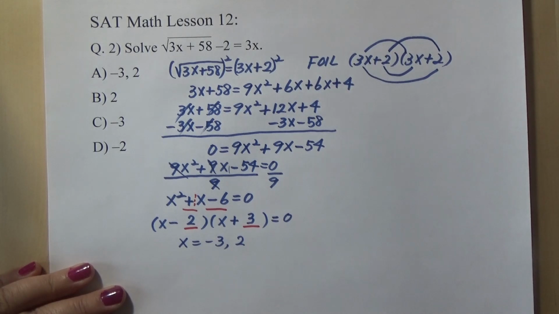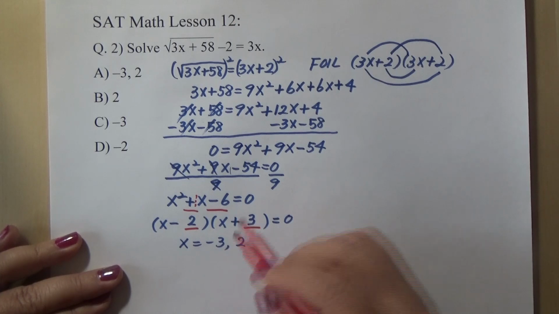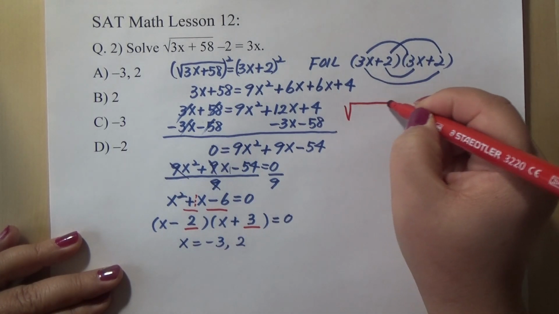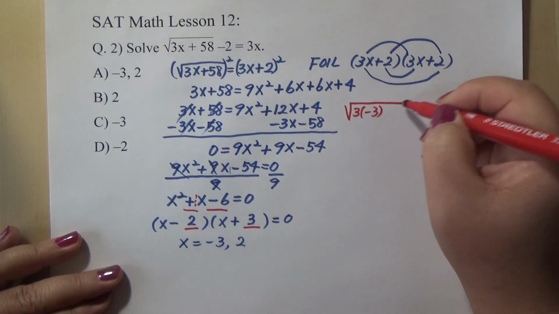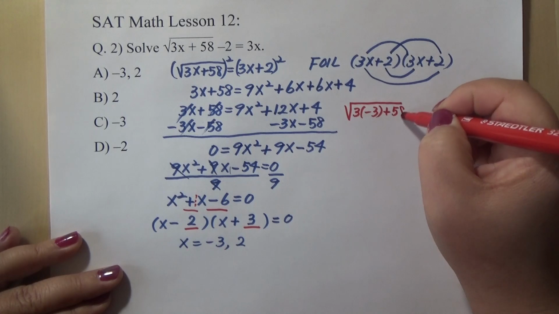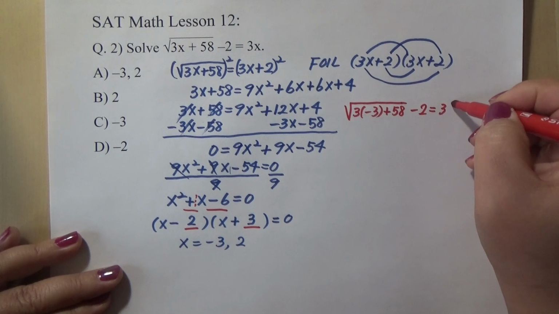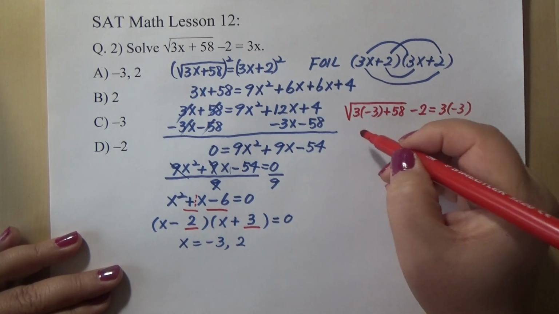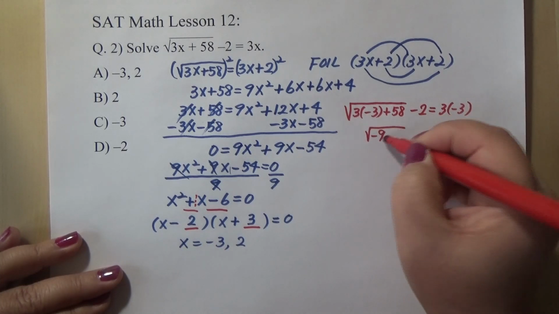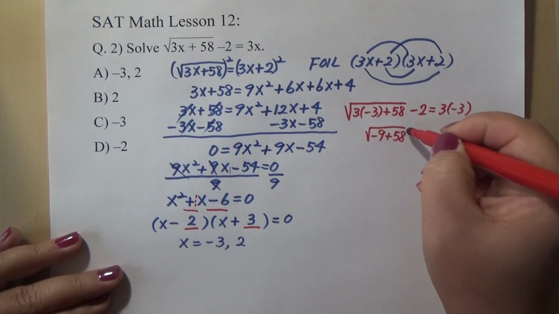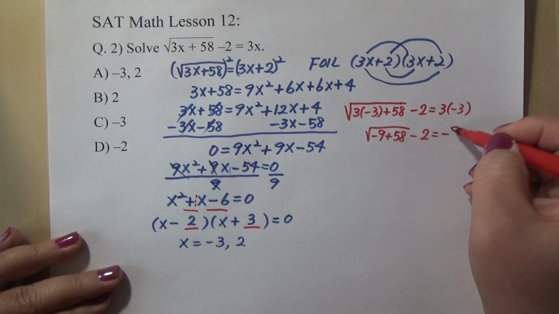However, we always have to check the answers because of the radical equations. So let's see. Square root of 3 times negative 3 plus 58, minus 2, is equal to 3 times negative 3. So 3 times negative 3, negative 9, plus 58, minus 2, is equal to negative 9.